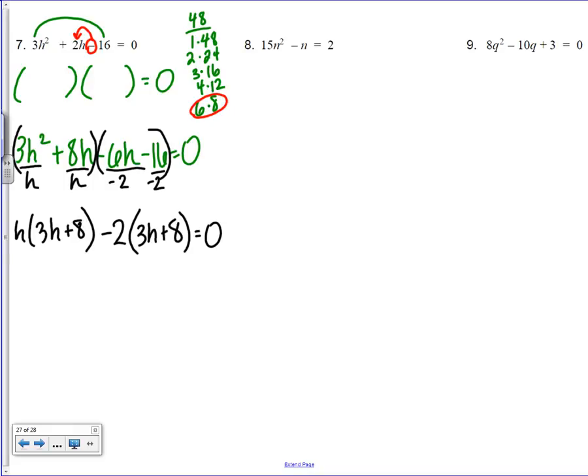And I get that. Now we're ready to fill in that binomial that we created up top. So my repeated factor is 3h plus 8. My leftover factor is h minus 2. And now that's the hard part. The easy part is setting up your equations to solve. Isolate your variables.